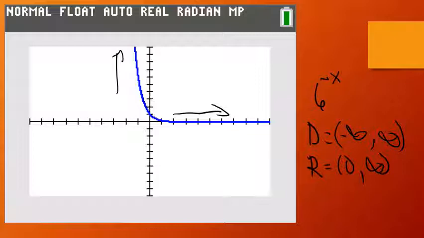All right, what about intercepts? Well, we see an intercept right here at 1. So we've got a y-intercept at 1. And we have a horizontal asymptote at the x-axis, or 0.